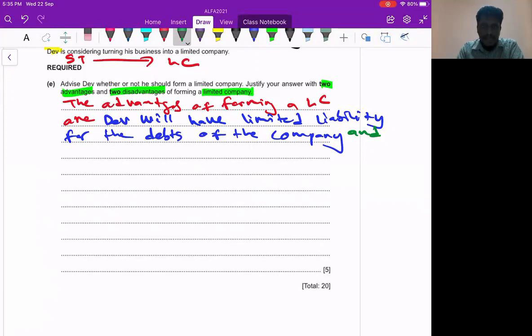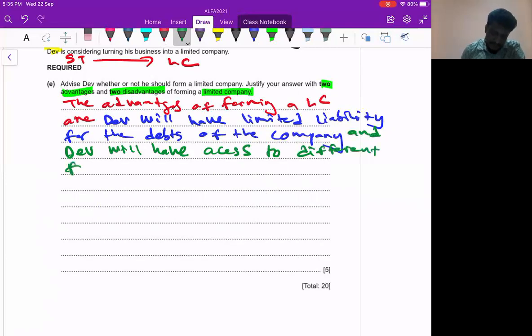Okay, that's one point. Another one is, first we write this, Dave will have access to different forms of finance. If the bank doesn't want to give us a loan, what can we do?